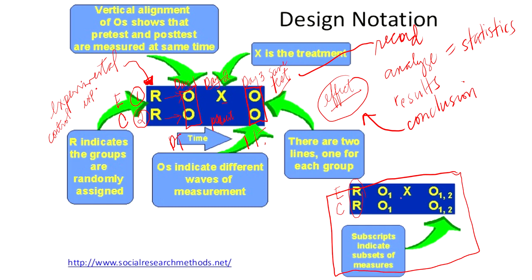But here, ilang tests? You have the first measure and you have the second measure. How many times binigay yung first measure? Twice. It was a pre-test, it was also a post-test.